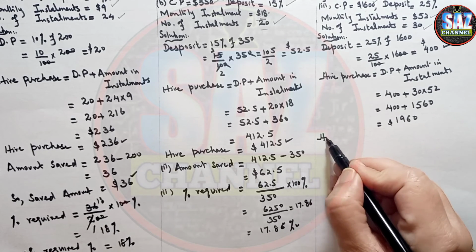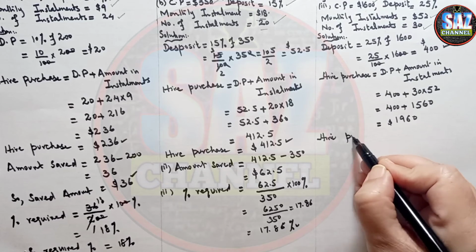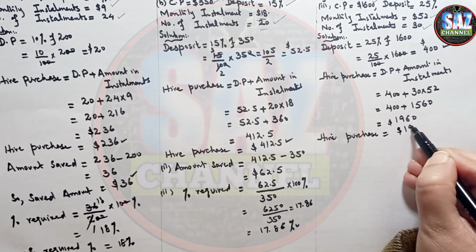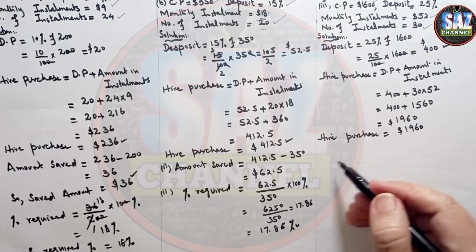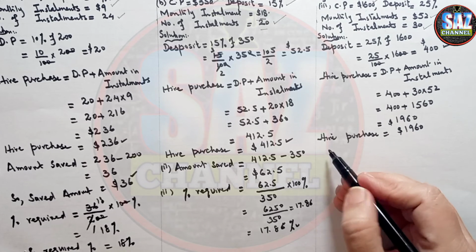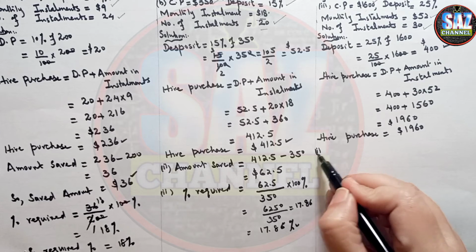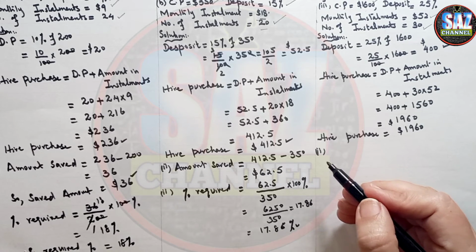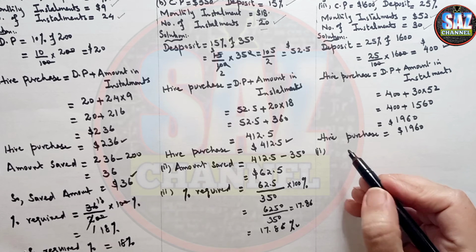Okay, hire purchase is $1,960, and now I have to find the amount that I can save if I'm buying that sofa at the actual price. The second question is amount saved.